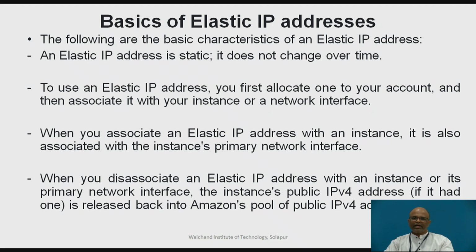When you associate an elastic IP address with an instance, it is also associated with the instance's primary network interface. So when you disassociate an elastic IP address from an instance or its primary network interface, the instance's public IPv4 address is released back to Amazon's public IPv4 pool.